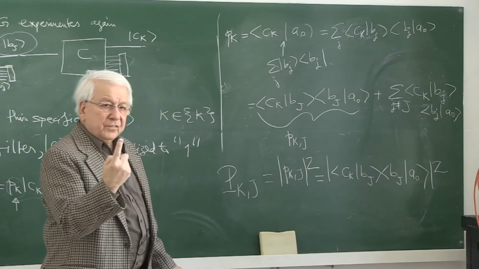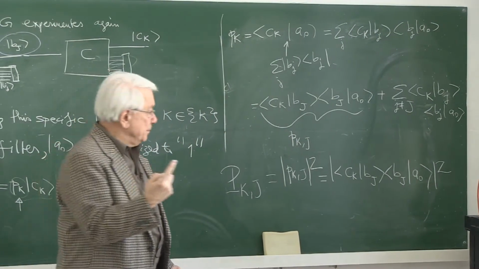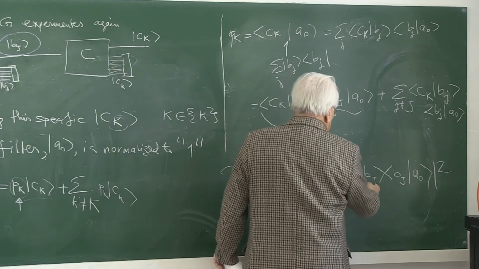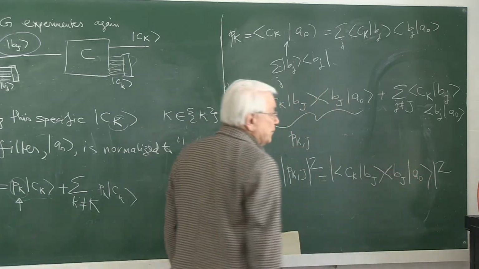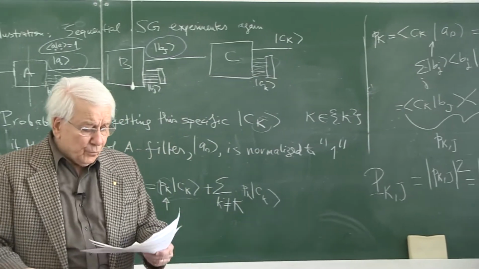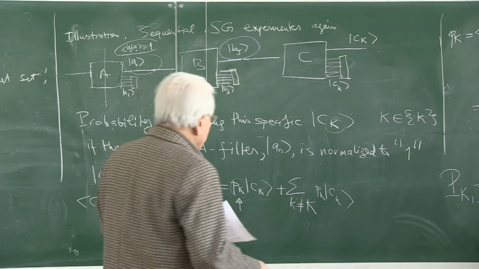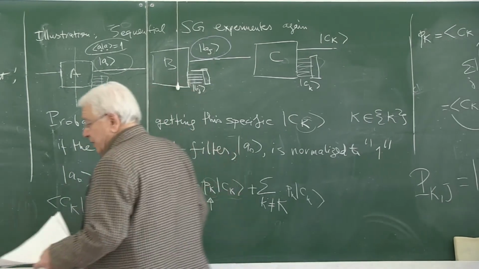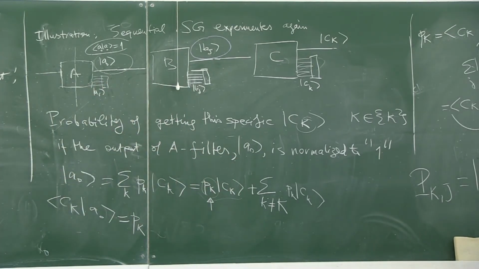Notice that all single indices are involved: capital K, capital J, and the initial one, A0. I put that A sub 0 in because that was normalized. I have to give it a special status. Well, that is then, we can think of the following.